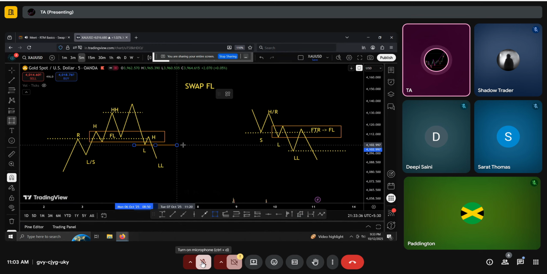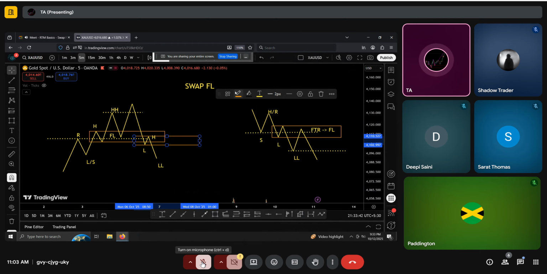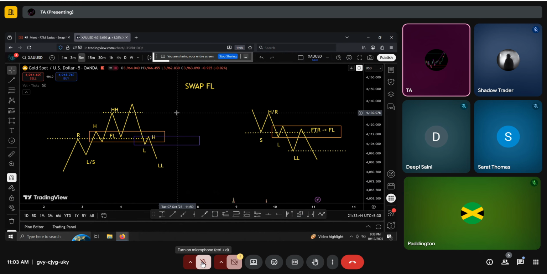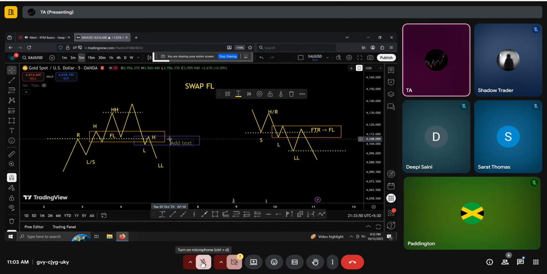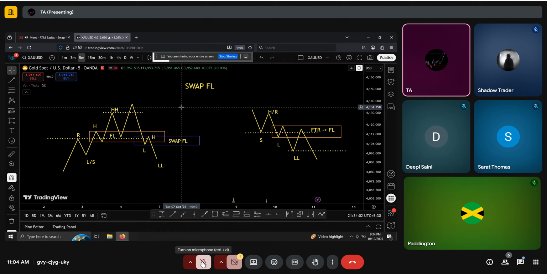So now this zone, low to high, we will change its color, right? So this purple box will be called swap FL. This box will be called a swap FL.